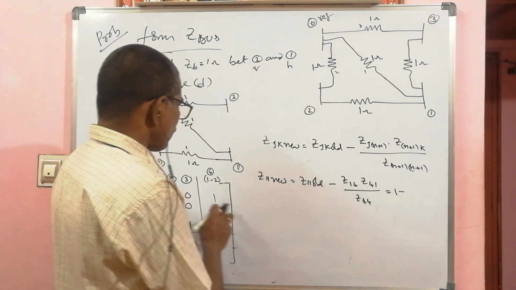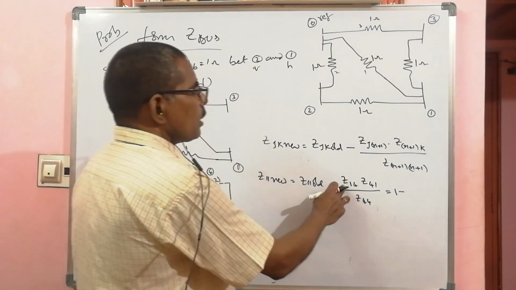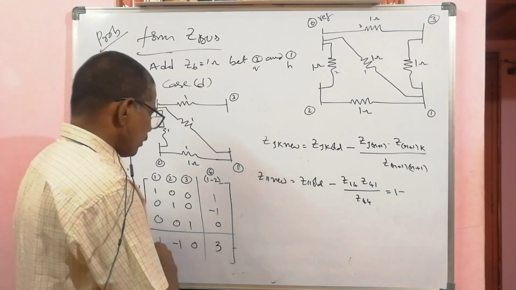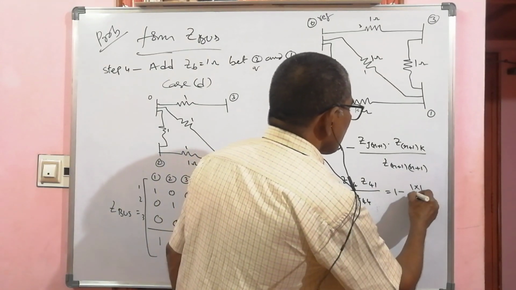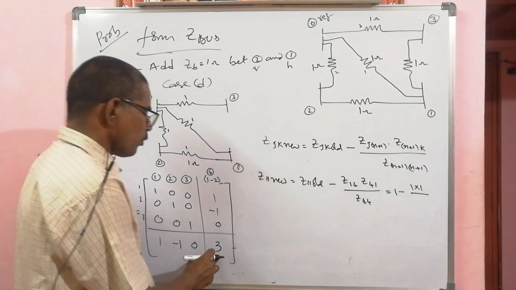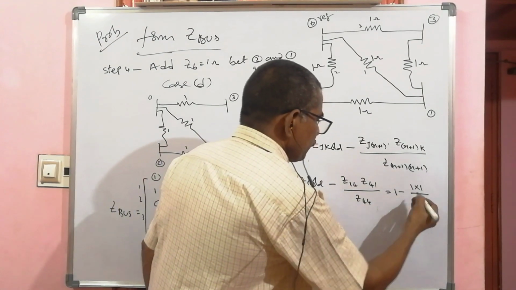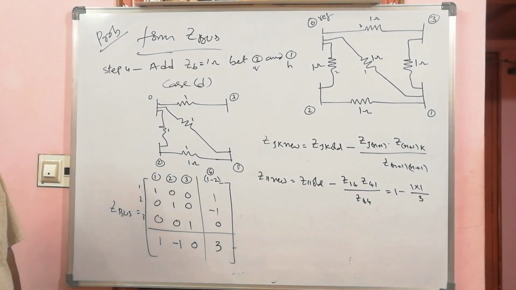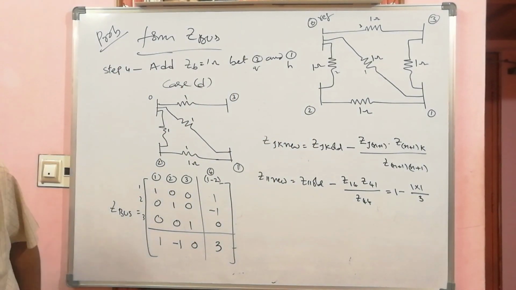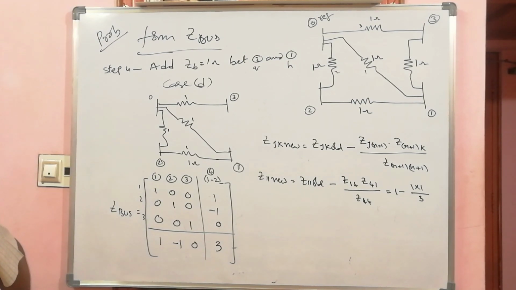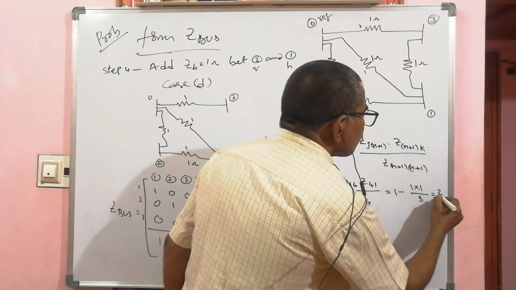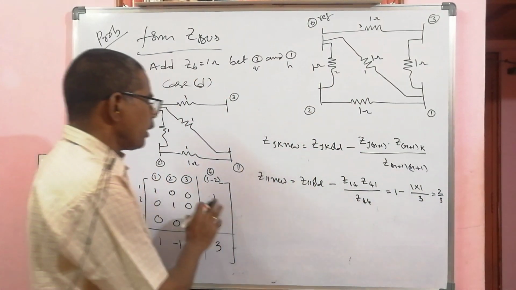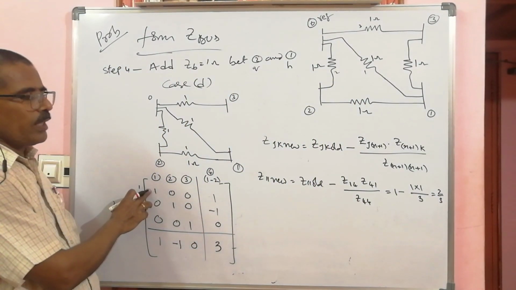So Z14 is 1 and this is also 1. So 1 minus 1 into 1 divided by what is Z44? 3. What is that value? 1 minus 1 by 3, 2 by 3. So the new value is modified.